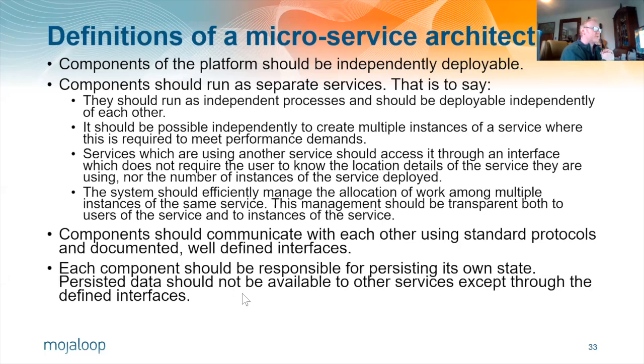Components should communicate with each other using standard protocols and documented, well-defined interfaces. Well, we've already heard the Mojaloop APIs are managed and governed by the change control board. The protocol set that's been decided upon, JSON over HTTP, essentially, was chosen because it's pretty much de facto the way common open source and closed source software technology is built these days.